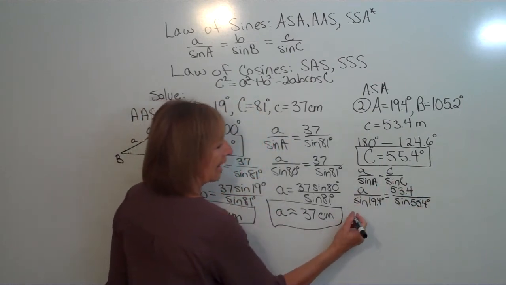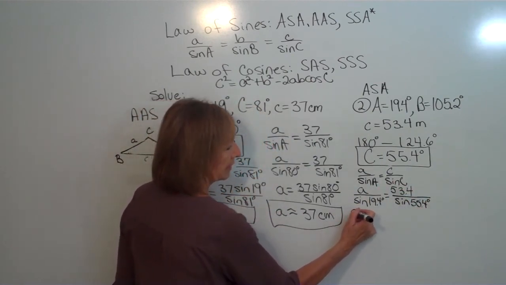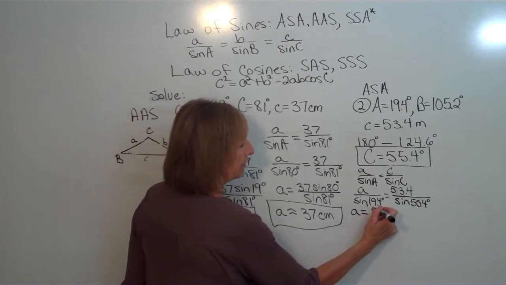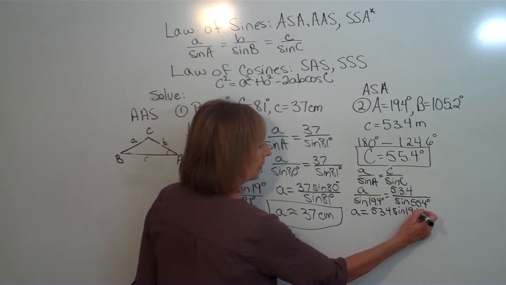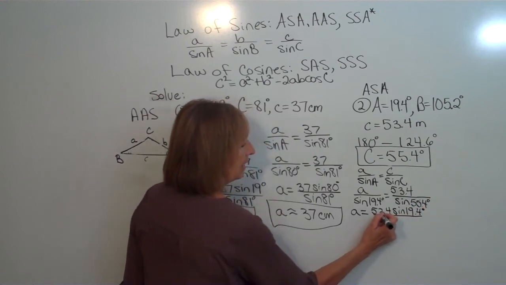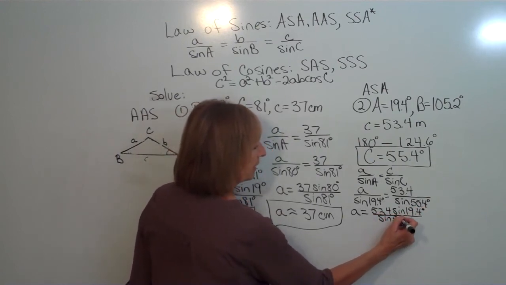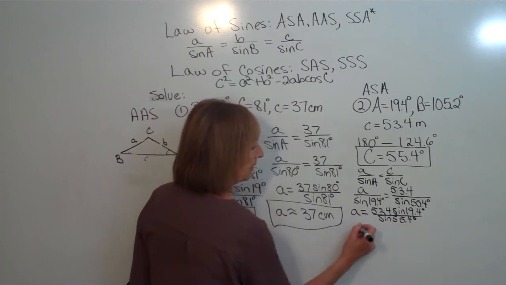Multiplying both sides by the sine of 19.4 degrees, A is equal to 53.4 times the sine of 19.4 degrees divided by the sine of 55.4 degrees.